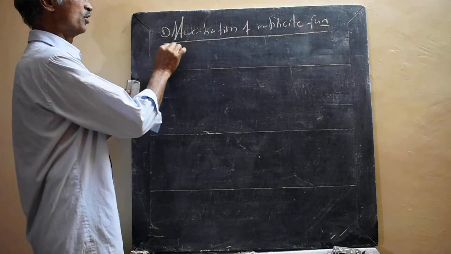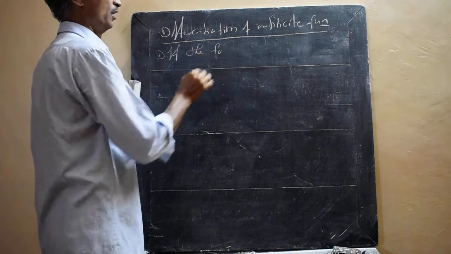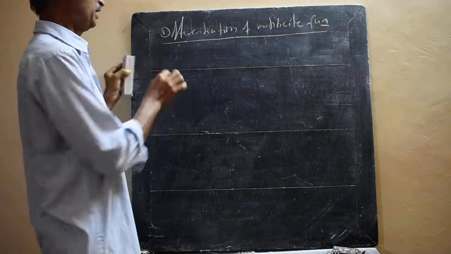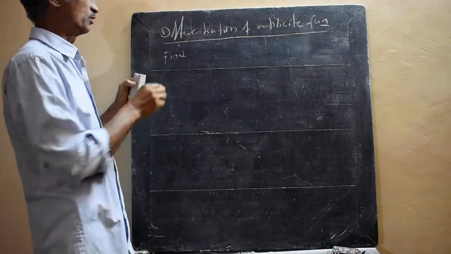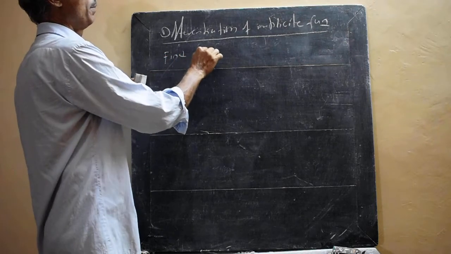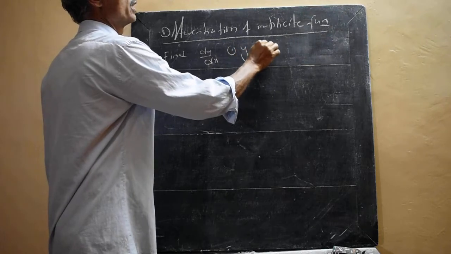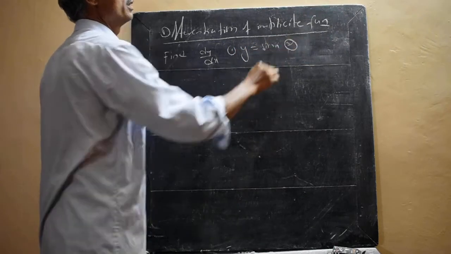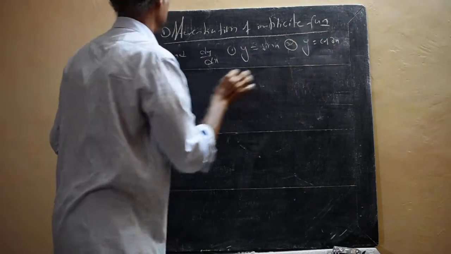Differentiate the following with respect to x. Okay, find dy by dx. First one, y is equal to sin x. Second one, y is equal to cos 3x.